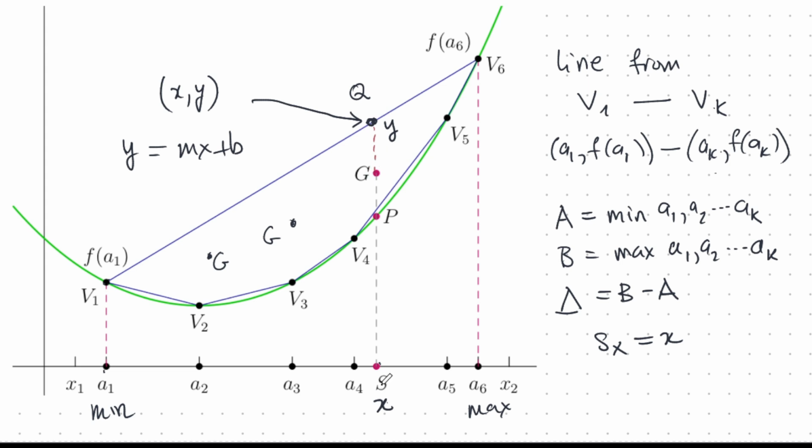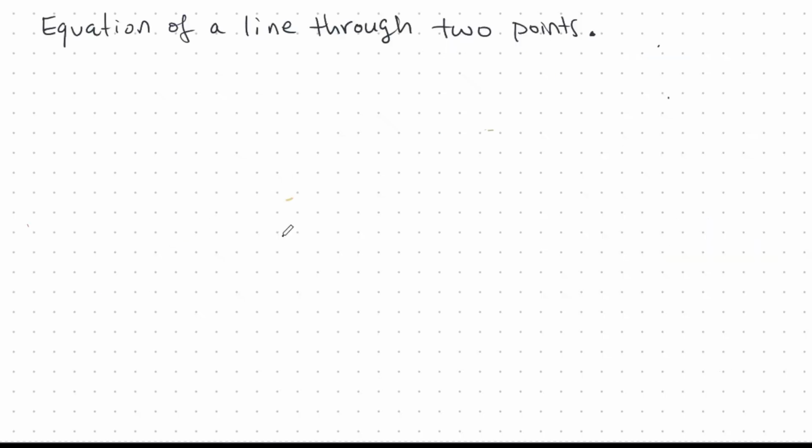So now it's time for some analytic geometry. We must now find an equation for the line going through 2 points. So here are my 2 points, (x1, y1) and (x2, y2), and I want to find an equation for the line going through them. Well, I choose one of these points as something special. I'll choose this one.